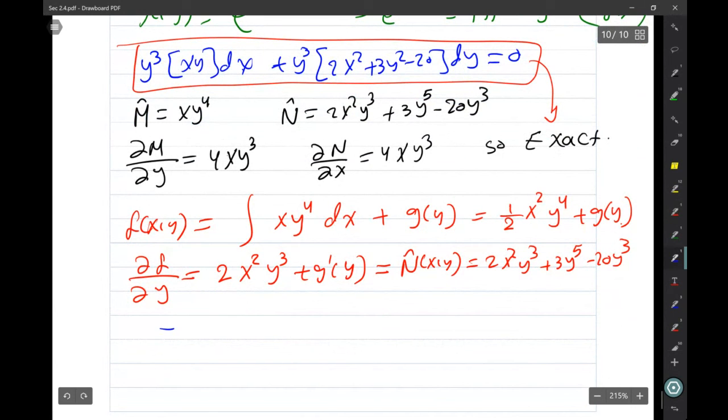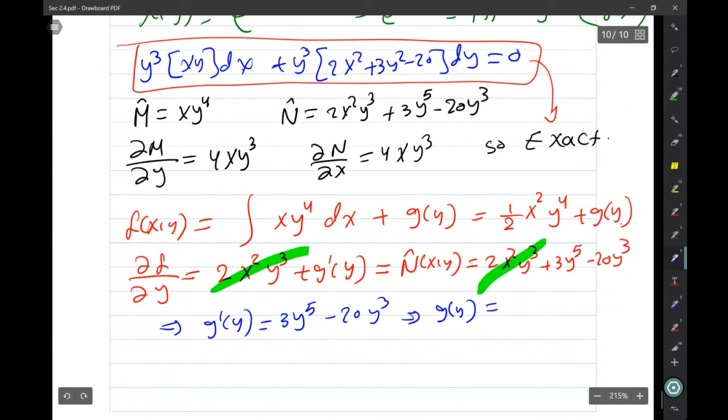This implies that g prime of y is equal to what? Because this term is cancelled with that one. So g prime becomes 3y to the power 5 minus 20y to the power 3.